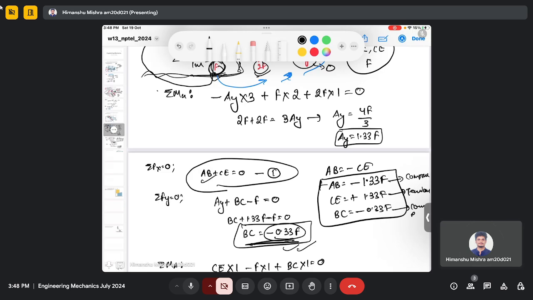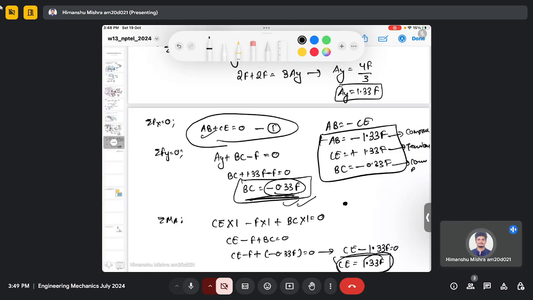So this is the usual method. If this is my joint and if it is towards the joint, then it's compressive force, and if it is away from the joint, then it's tensile force or the tension.